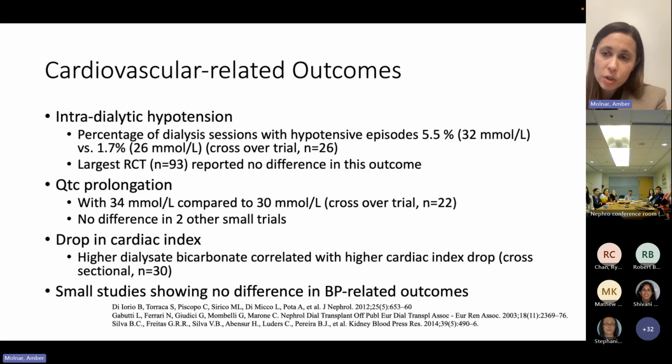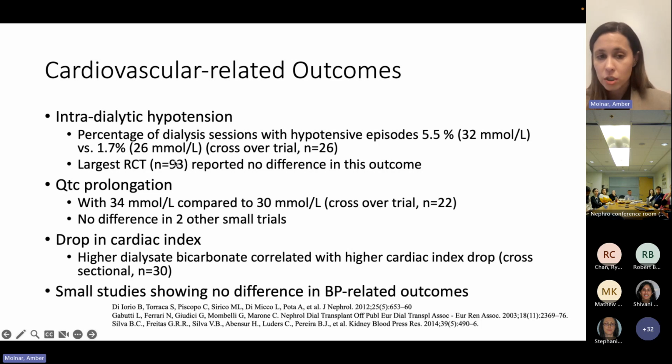And there is some literature to suggest that yes, this might be occurring. And these are studies, again, that were included in our review. And there are some trials that have shown an increased risk of intradialytic hypotension with the use of higher dialysate bicarbonate. However, the literature is not entirely consistent.